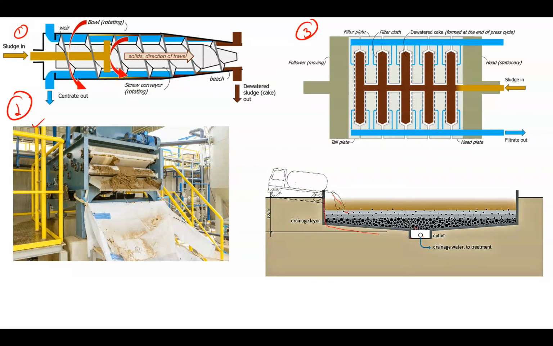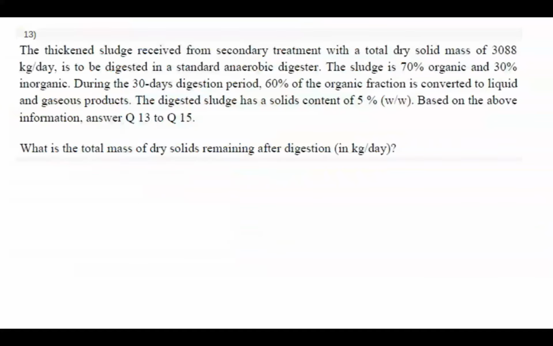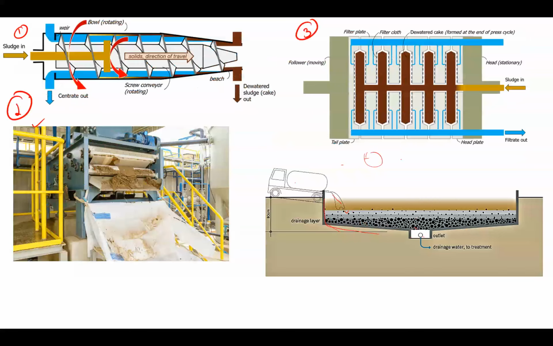Evaporation also you can do if there is enough sun, or else you can make the system such that the drained water you can collect from the down compartments. Then screw press, this one as previously explained. Okay, got it?